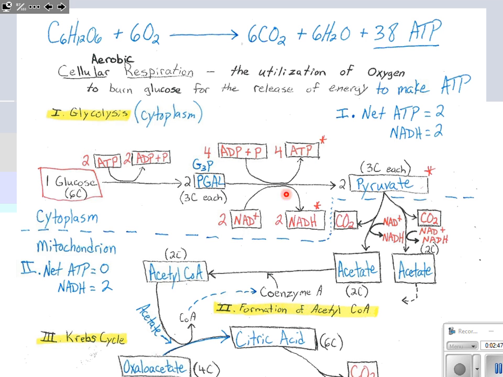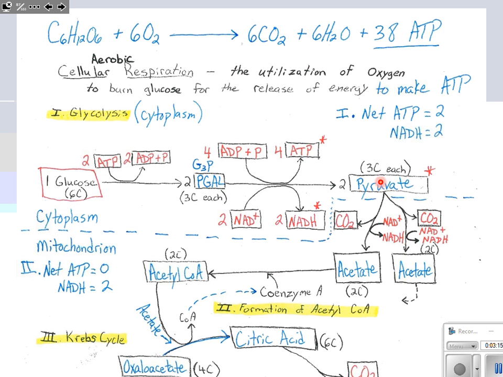So this is the diagram that we looked at last time of the 4-step aerobic respiration pathway. Here's step 1, glycolysis. Notice I started with glucose, and we talked about how in the first half of glycolysis, glucose is split in half to make 2 3-carbon G3P molecules, which are then converted into pyruvate.